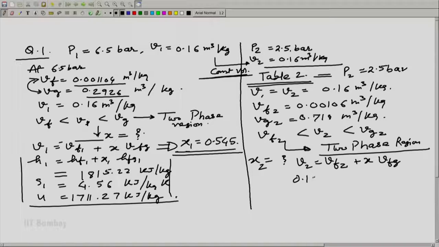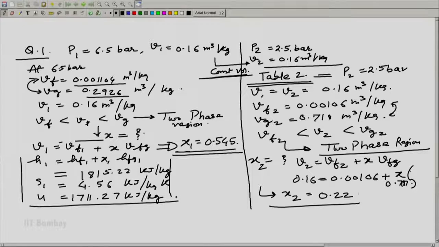V2 is 0.16, Vf2 is 0.00106 plus x times Vfg, and one can find the difference between these two. From here, the value of x2 is equal to 0.22. Vfg is 0.717. So x2 happens to be 0.22.